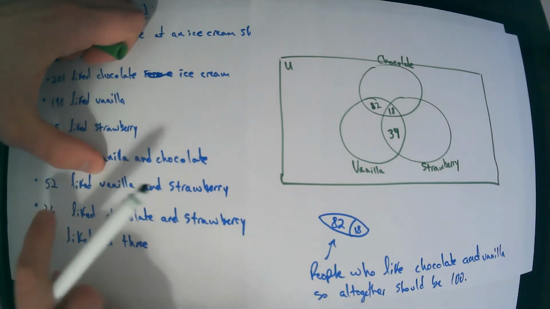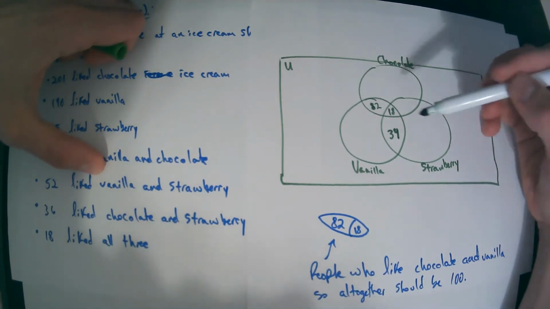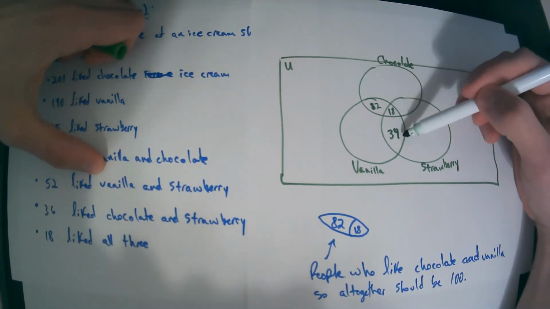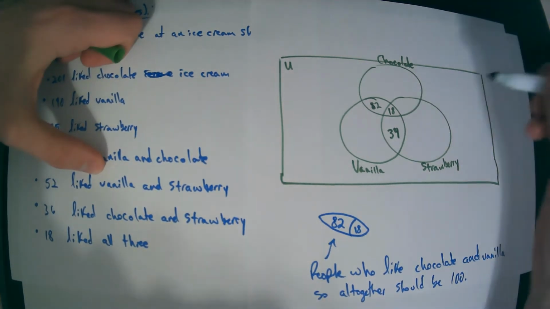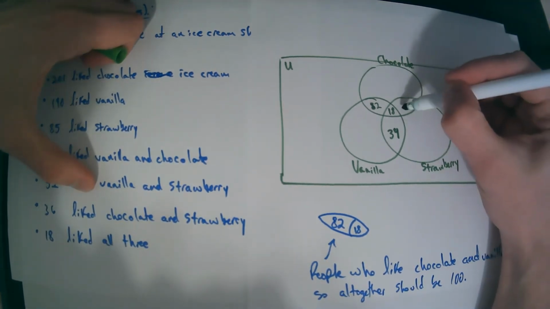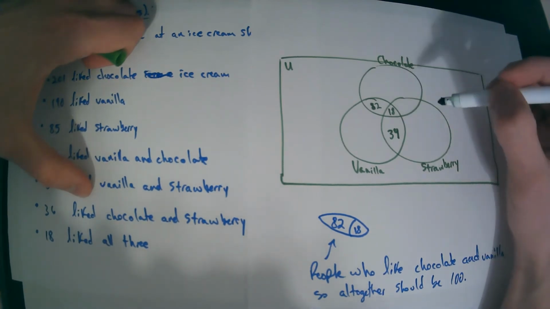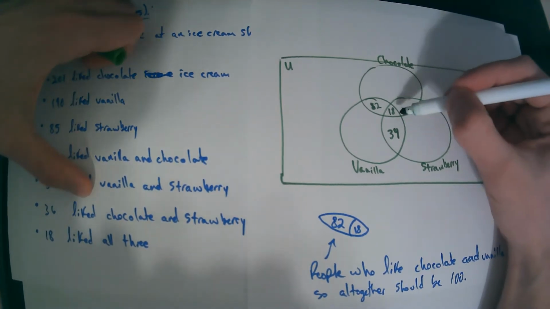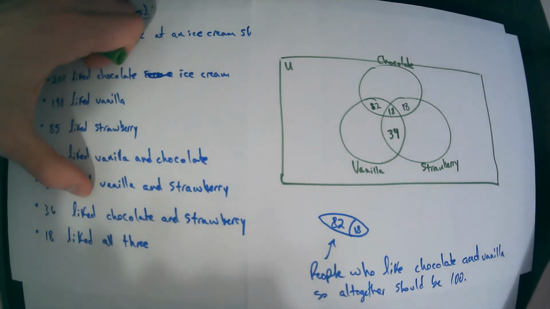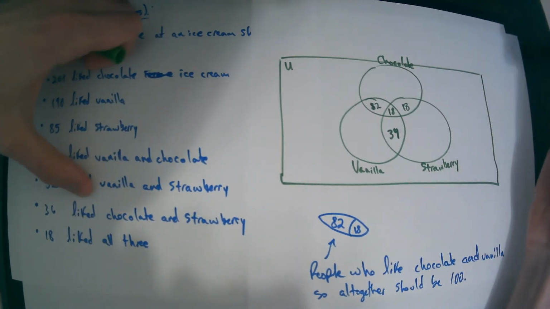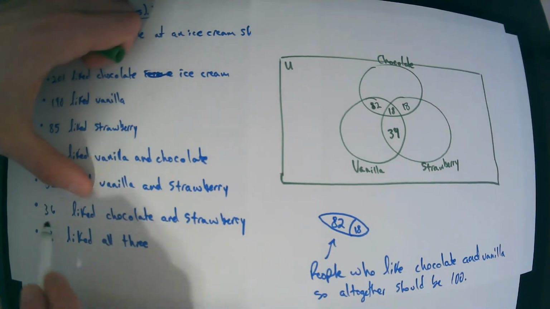So altogether 52 people like vanilla and strawberry, the 18 that live here and the 34 that live here. Okay. Now, this last intersection, 36 people like chocolate and strawberry, but 18 of them also like vanilla. That's why they live here. So the other 18 must be here. And why is it also 18? Well, because 18 and 18 makes 36.